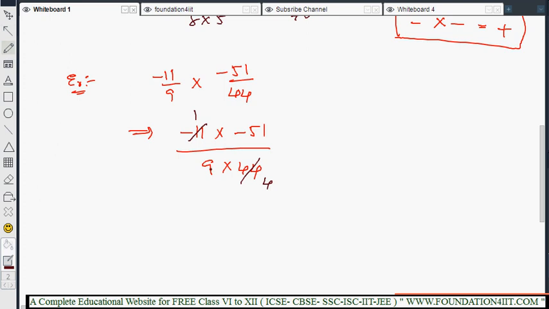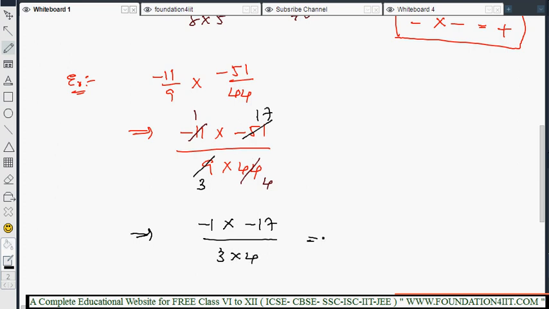Now 51 and 9. I'm going to use the 3 table, because 3 is a common factor of both. 3 threes are 9, and the same 3 table for 51 also: 3 ones are 3 and 3 seventeens are 51. Then the remaining you can write, minus 1 into minus 17 by 3 into 4.